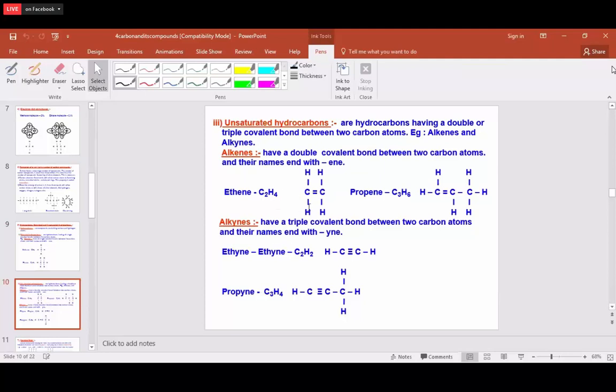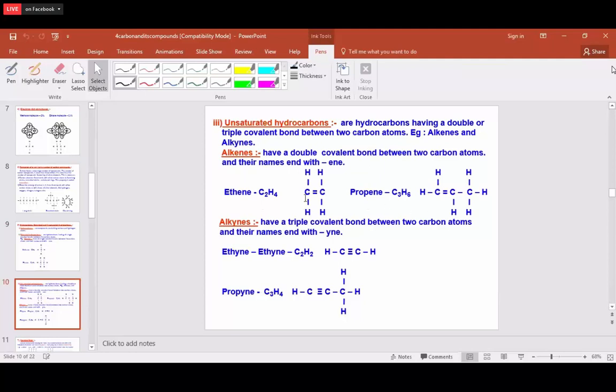So C2H4: the carbon is making a double bond with the other carbon, and the other two bonds are shared with two hydrogen atoms. So this is ethene. Propene.